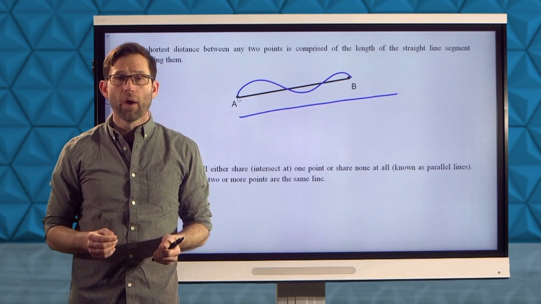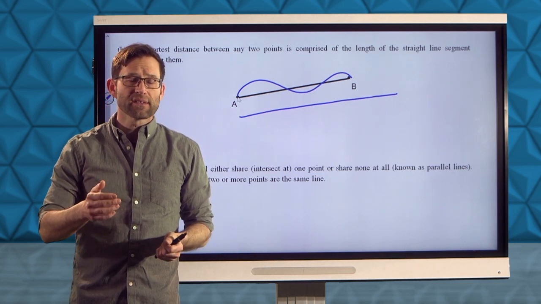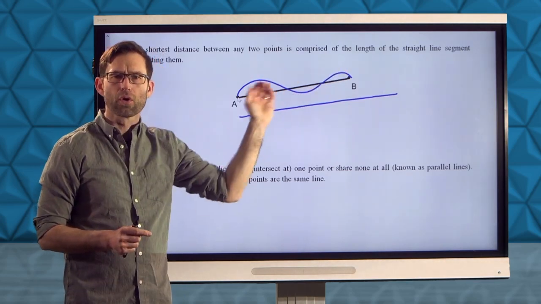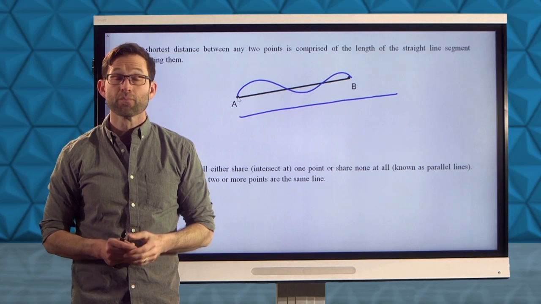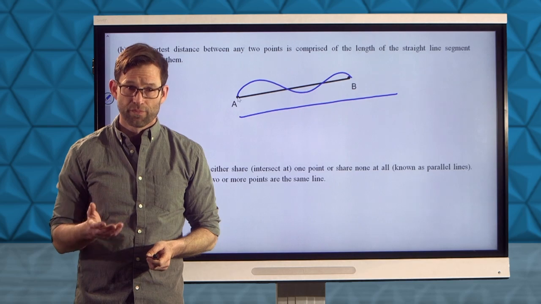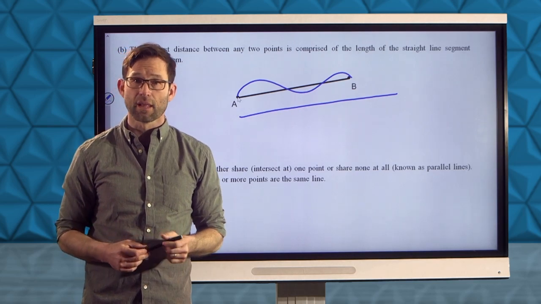How do we know that we wouldn't be able to go a shorter distance from A to B by some kind of cool curve that isn't just a straight line? But we're going to assume that's the case. The shortest distance between any 2 points is the length of a line segment that connects them.